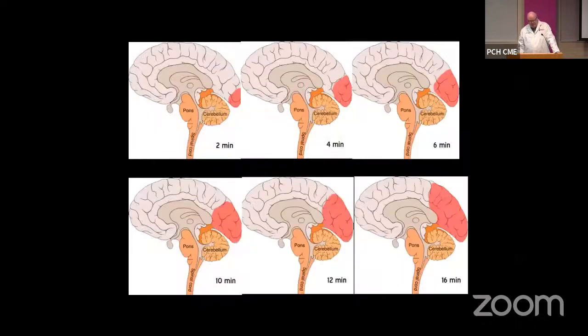Here is a diagrammatic illustration of cortical spreading depression. So we have it back here starting in the occipital lobe, and then it gradually extends forward. Up here is the central lobule with the central sulcus, and you can see that it takes 16 minutes before this depolarization reaches the middle of the brain, the central lobule, the central sulcus.